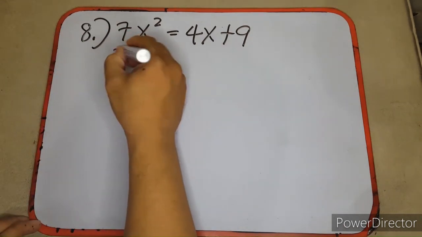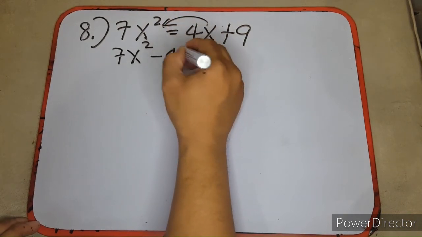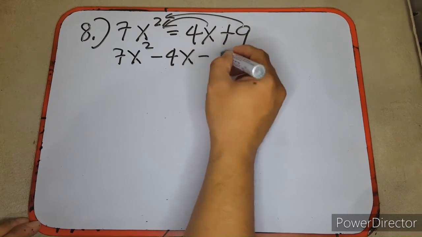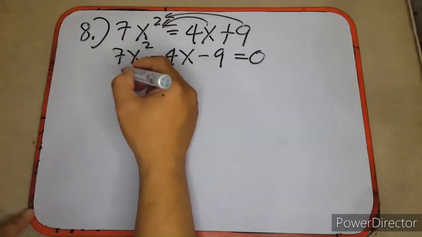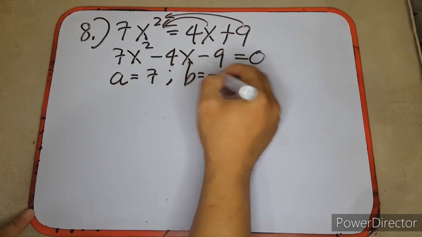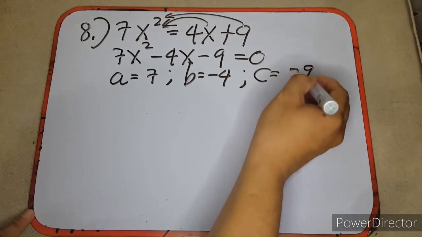So we have 7x squared, then move yung 4x, we'll come up with minus 4x, then move also the 9 to the left side of the equation. Magiging minus 9 is equal to 0. Then identify the values of a, b, and c. A is 7, b is negative 4, while c is negative 9.